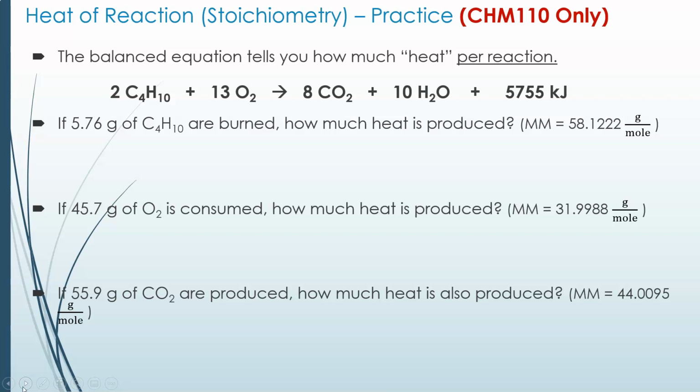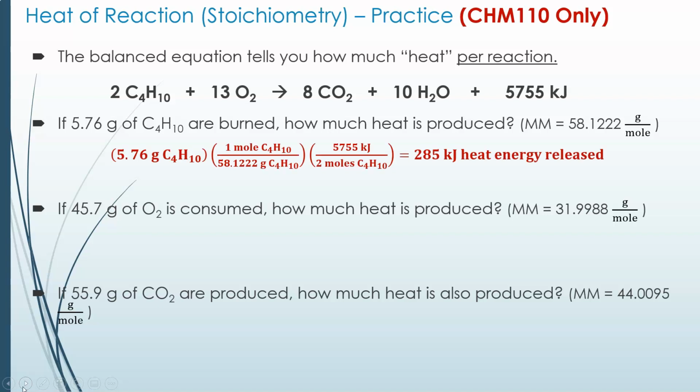So we're going to make much less energy than 5,755 kilojoules. So we're going to start with what we have. We always start with what we have. We turn our grams of butane into moles of butane by creating our classic conversion factor of grams on the bottom, moles on the top, and we use the molar mass to populate it with the numbers, 58.1222 grams and 1 mole of butane are equivalent to one another. That's our first conversion factor. And then our second, in order to convert moles of butane, we put moles of butane in the bottom of our second conversion factor.